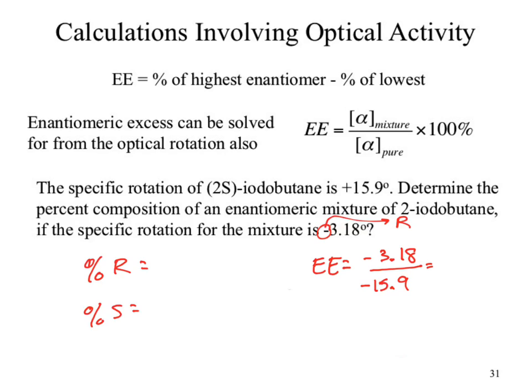Okay? What else can I do? I also know that the enantiomeric excess is the percent of the higher enantiomer, which is percent of R, because R is in excess, minus the percent of the lower, the S. And then this will give me some number. 3 divided by 15, it's about 20%, so 0.2.